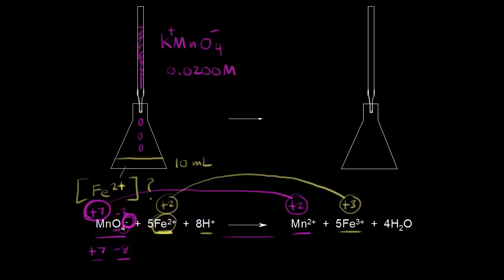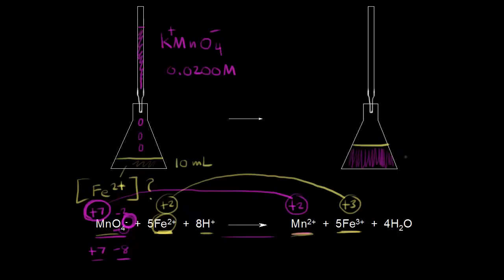As we drip in our potassium permanganate, we're forming our products over here. These ions are colorless in solution. So as the permanganate reacts, this purple color disappears, and we should have a colorless solution. Let's say we've added a lot of our permanganate. Everything is colorless, but then we add one more drop and a light purple color persists. Everything was clear, but then we add one drop of permanganate, and we get this light purple color.